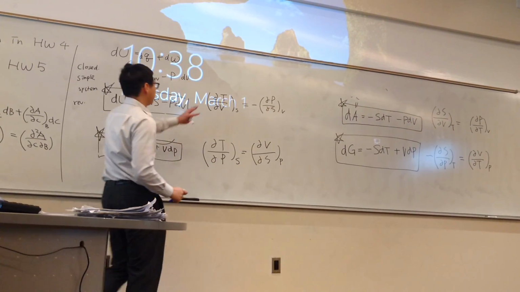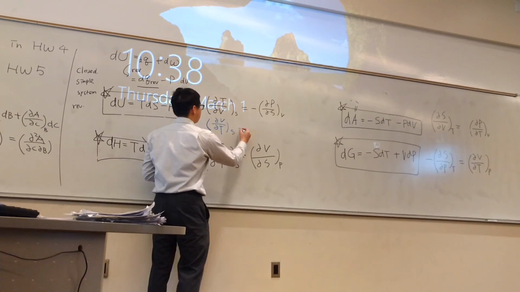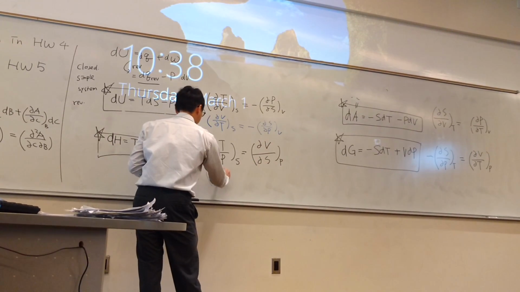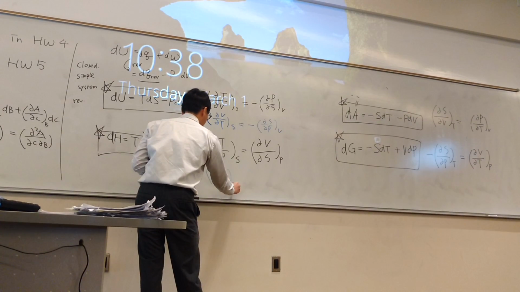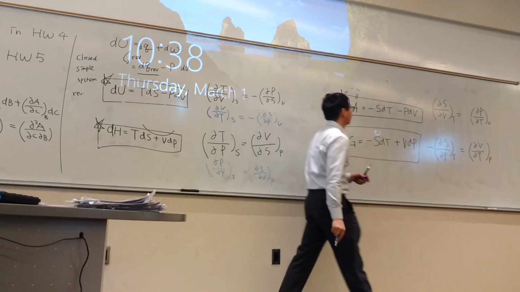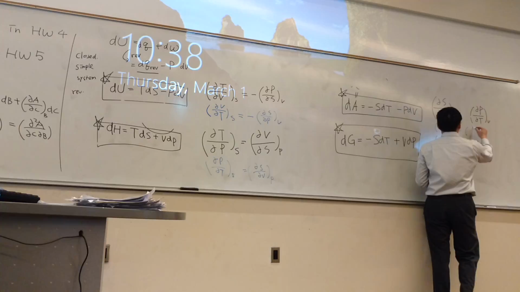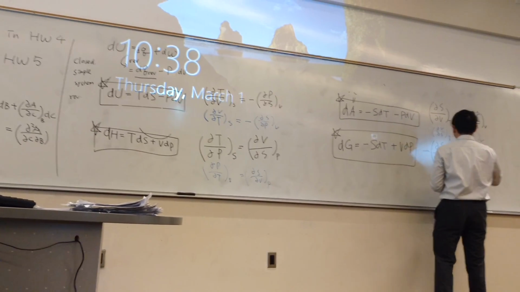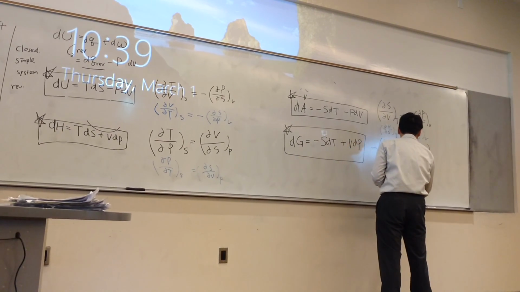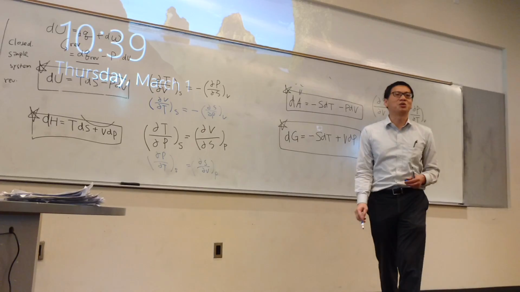And the very last 4, you can flip these over. So you're going to have partial V, partial T at constant S equals negative partial S, partial P at constant V. Partial P, partial T at constant S equals partial S, partial V at constant P. Partial V, partial S at constant T equals partial T, partial P at constant V. Partial P, partial S at constant T, don't forget the negative sign, equals partial T, partial V at constant P. So these are the 20 equations.